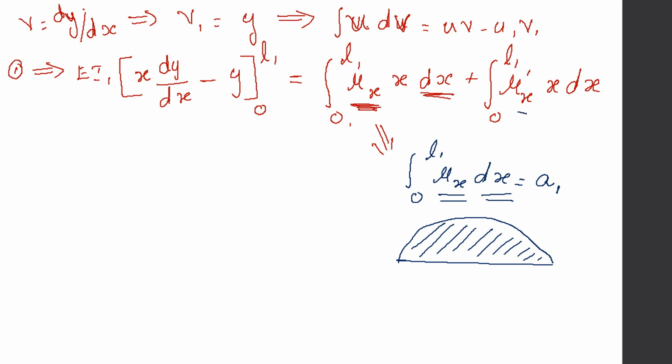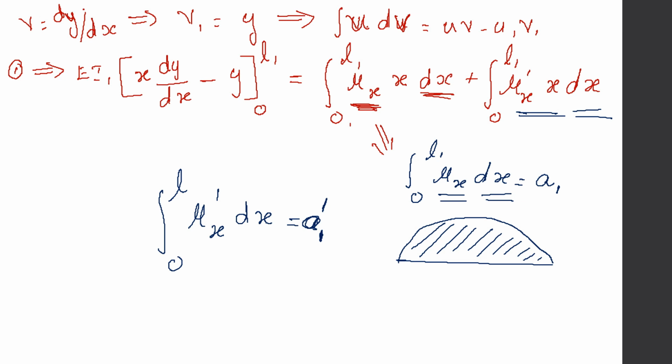Similarly, this mu x dash into dx, that is integration of 0 to L1 mu x dash into dx, will be taken as A1 dash. That is in the first span. This is the area under the bending moment diagram due to fixing support. That is the meaning of that.